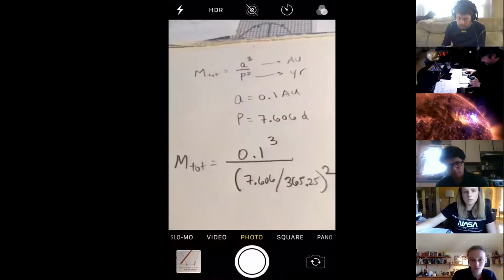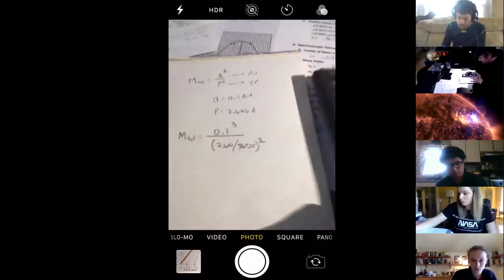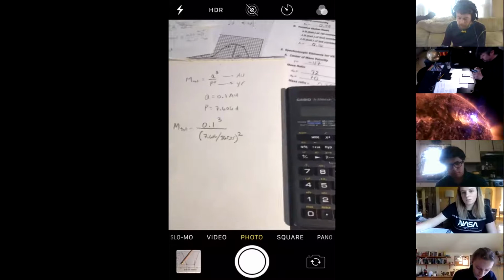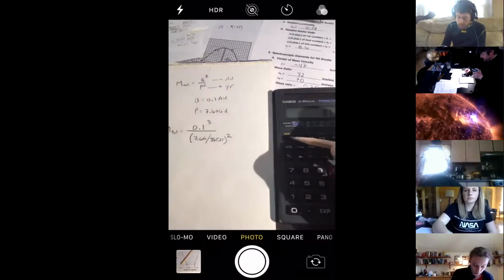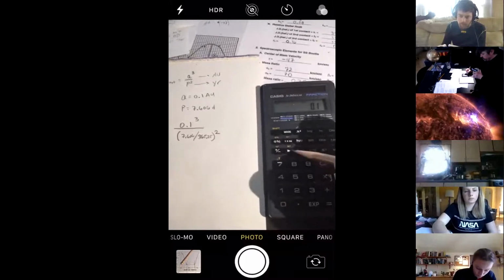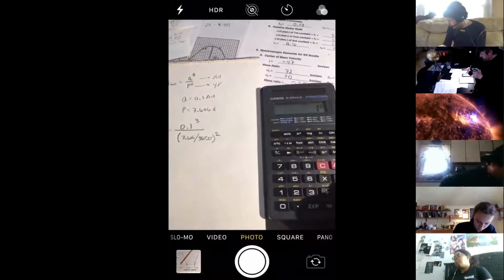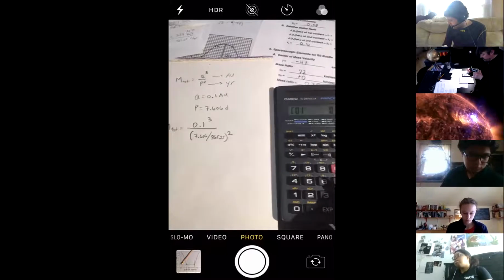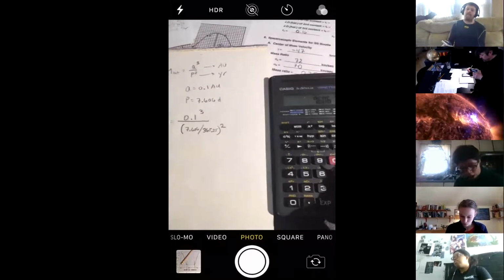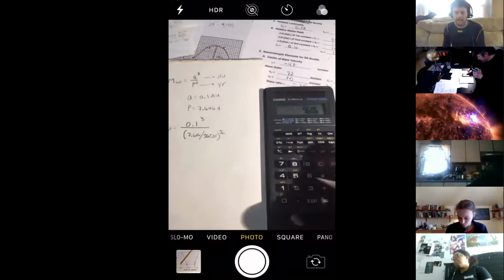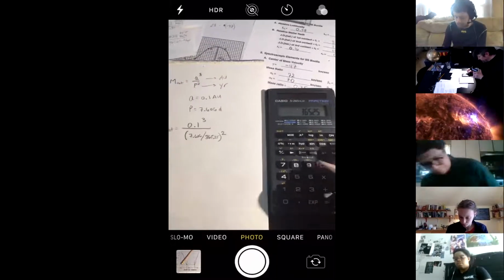So let's plug that in, all right? 0.1 shift cube, divide by, open parentheses, 7.606 divide by 365.25.